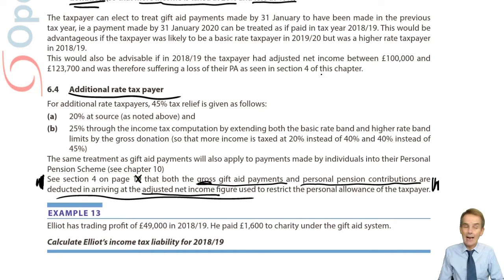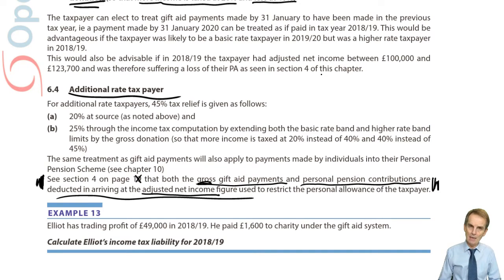And the employee and the employer, on behalf of the employee, may pay into that scheme there. So that's a different type of pension scheme, and the tax relief is achieved in a much different, in fact, a much simpler way. We are only talking here about personal pension contributions.